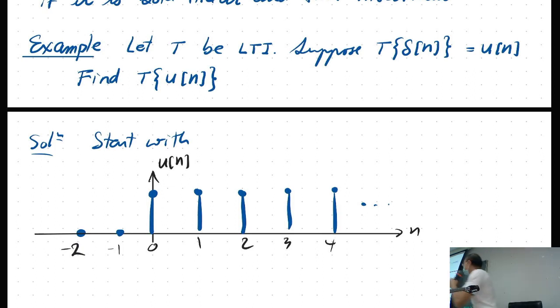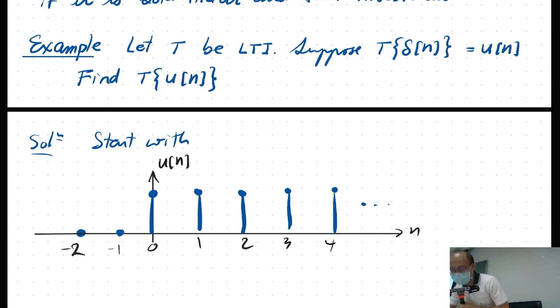Now, when you look at the leftmost sample, this is delta, right? Delta is one sample only, and that is at n equal to 0. So this is delta. So what is this one? This is delta shifted to the right by one sample. So this is delta of n minus 1. And this is delta of n minus 2. This is delta of n minus 4, and so on.